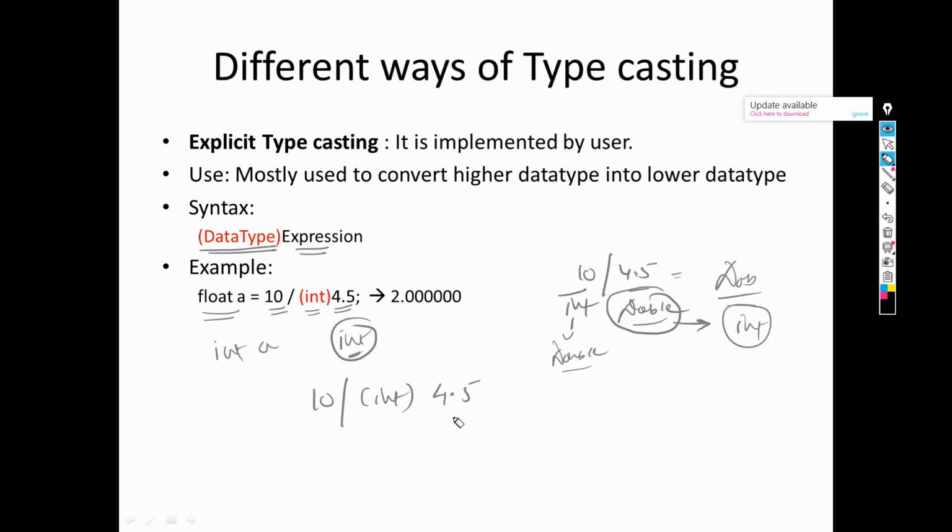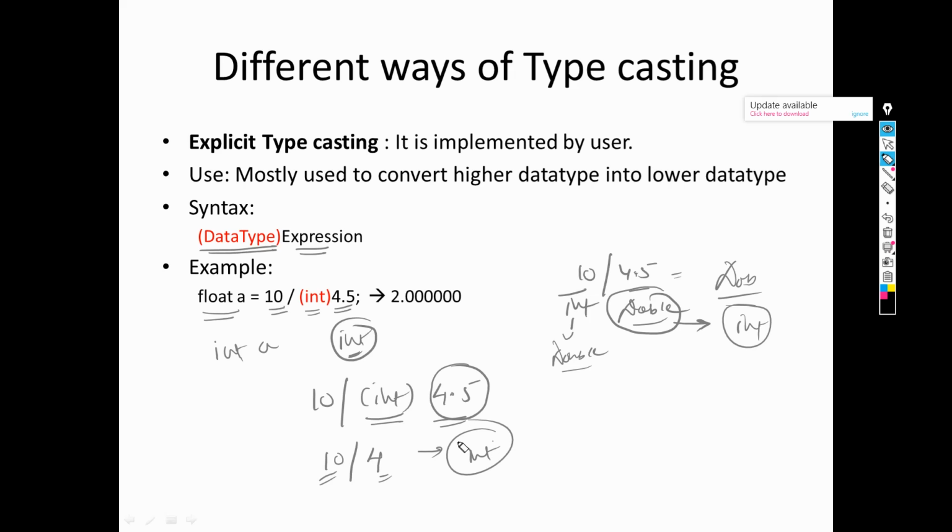This is in double, but since you have written integer like this, the compiler will forcefully convert 4.5 into integer. So that means 10 divided by 4. Why? Because 4.5 is converted into integer, so the equivalent value for 4.5 in integer is 4. So now this is integer, this is also integer, so the answer will be in integer. So this is how your operation can be performed.